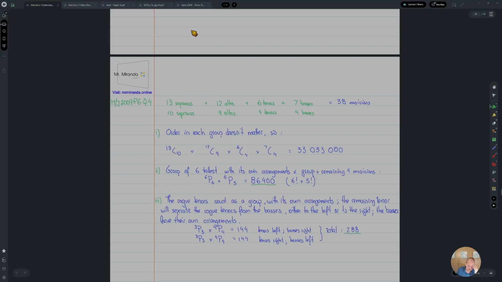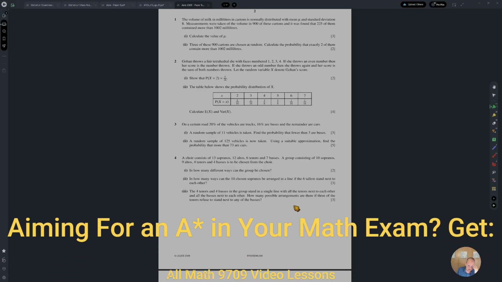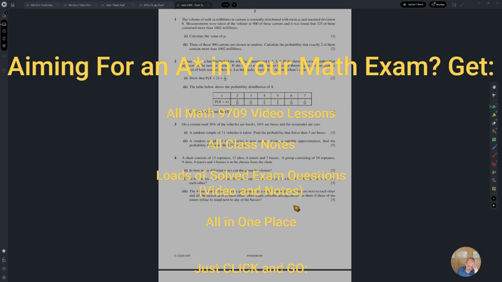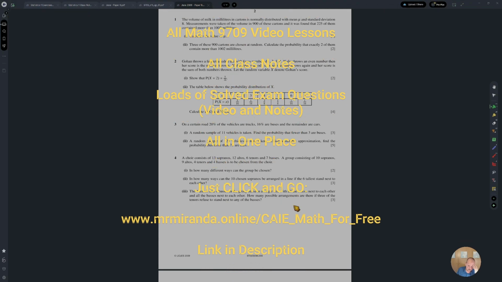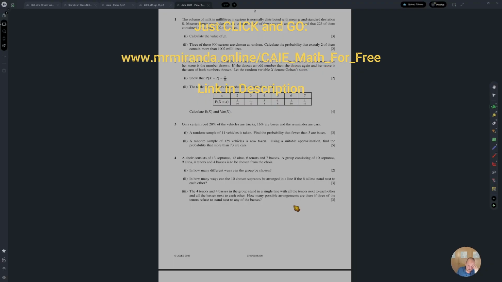Now, the last question is, the four tenors and four basses in the group stand in a single line with all the tenors next to each other and all the basses next to each other. How many possible arrangements are there if three of the tenors refuse to stand next to any of the basses? All right, so you have four tenors and four basses, and you have three of the tenors which are rogue tenors, and they, for some reason, don't want to be next to any of the basses.